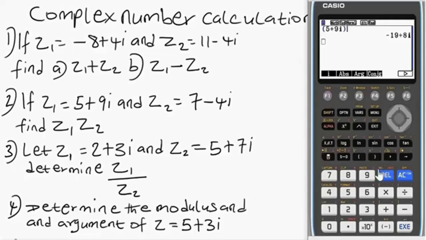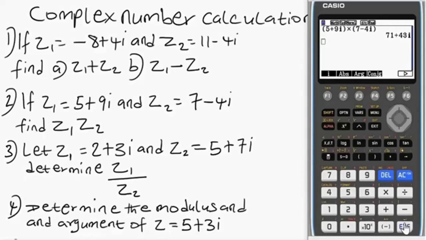You can choose to put a multiplication sign here. Open another bracket. We have 7 minus 4i, and that's all for question 2. Now let's execute and get our result. 71 plus 43i. That's the answer to question 2. It's as simple as that, guys.